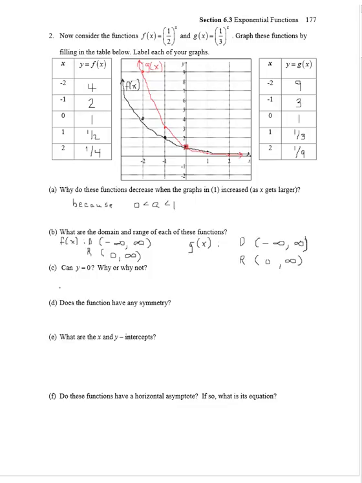Can y equal 0? No. Why? Same reason as before. Any positive number raised to any exponent is still positive.